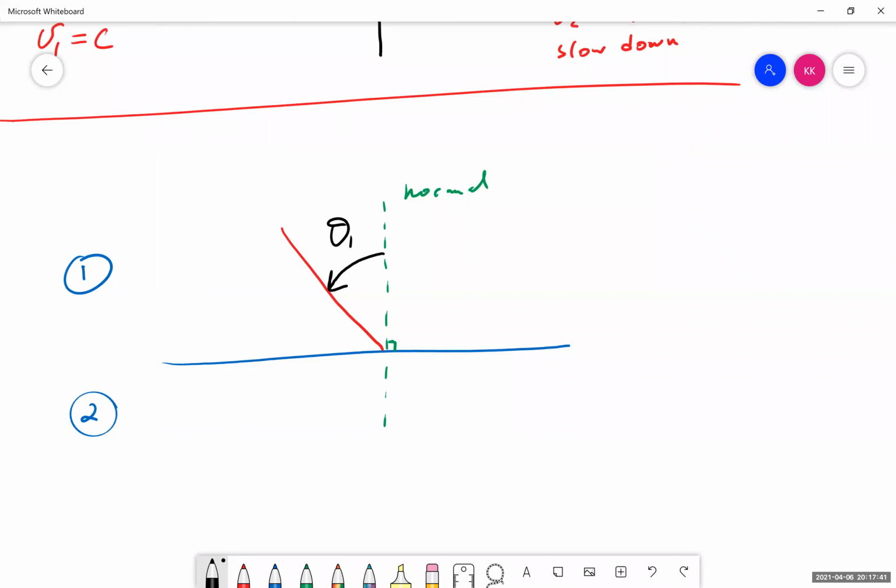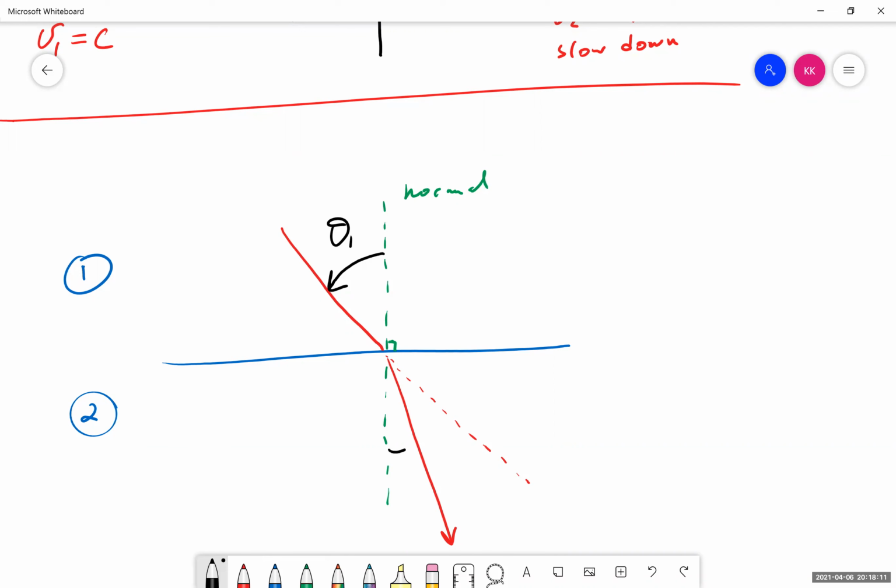Imagine that this would have been its original path when it goes into medium 2. But because medium 2 is more dense, let's say, for example, in this case we're going to assume it's more dense, the light will change its direction such that it will be moving closer to this normal line. That means it's going to bend toward the normal line.